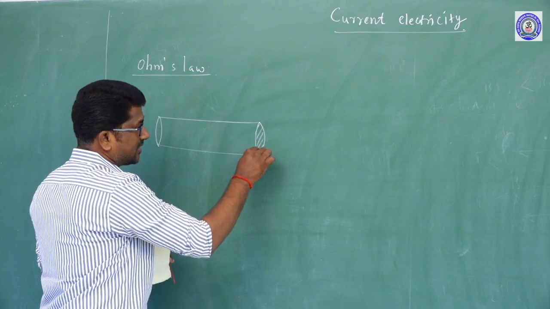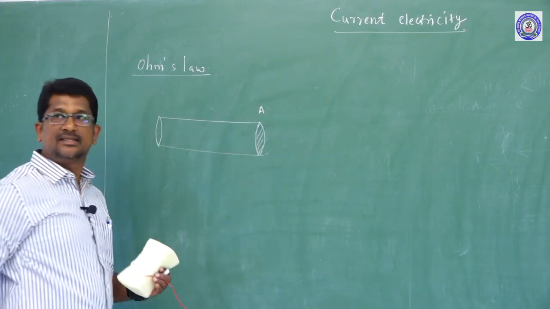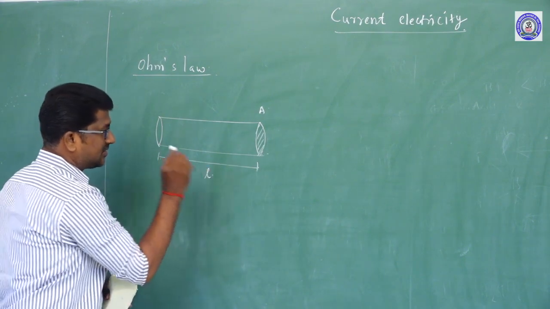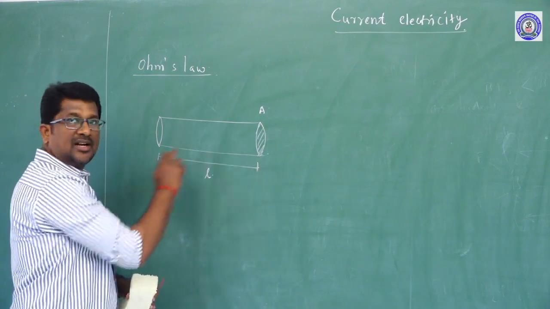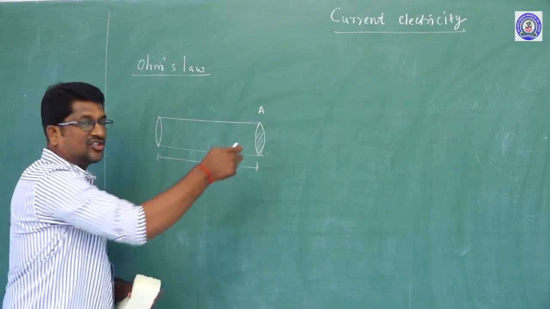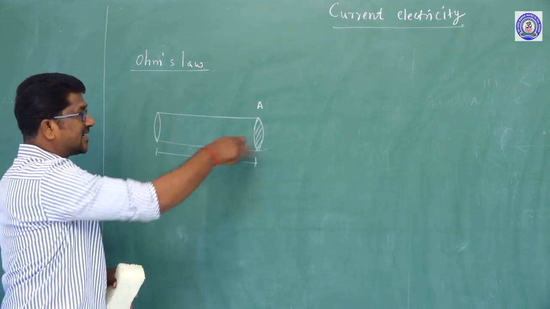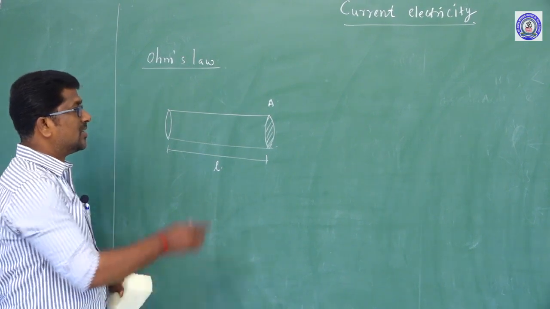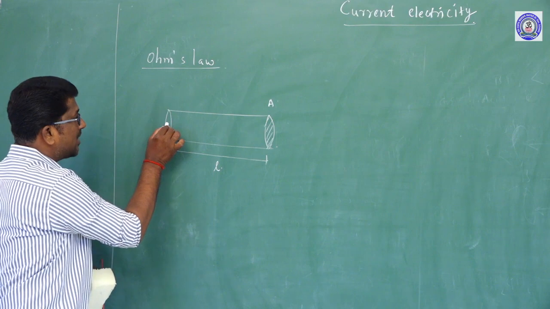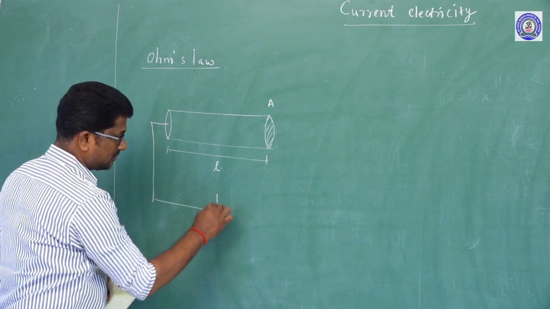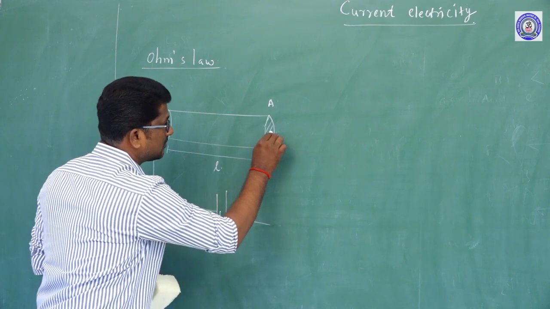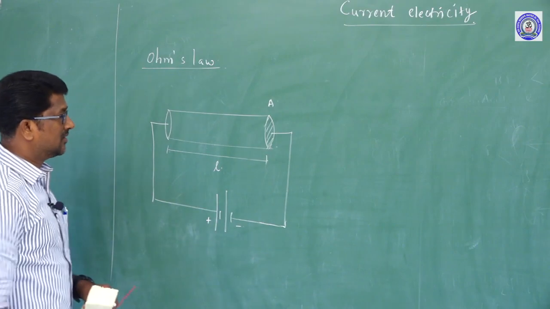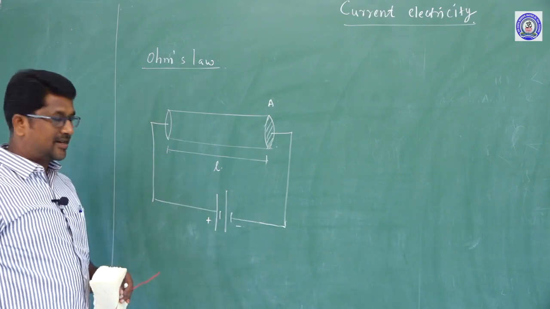Suppose the area of cross section of the wire is A, and the length of the wire is L. Suppose this wire is connected to a battery like this.